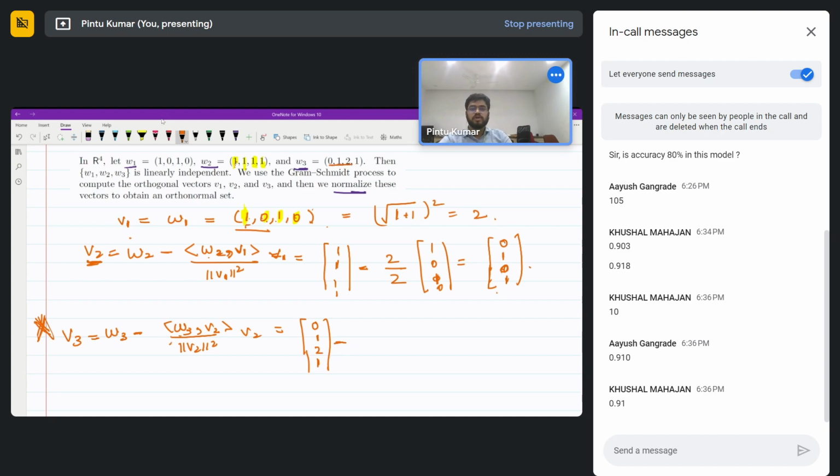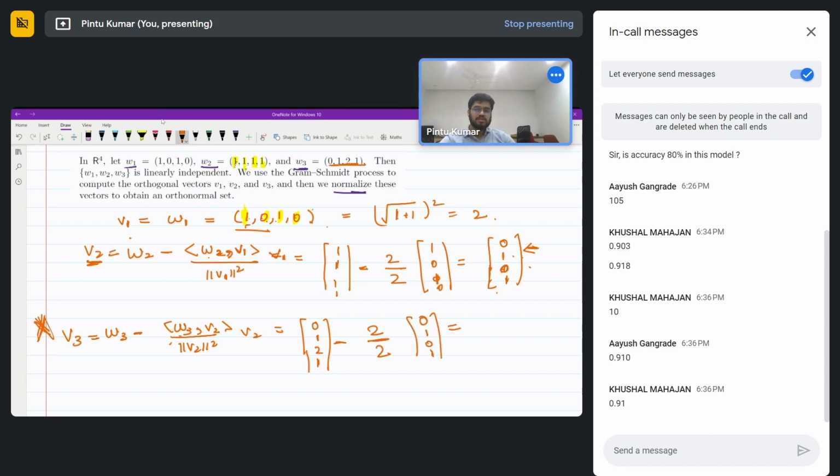This is my V3 and this is my W2, right? डॉट प्रोडक्ट लें तो फर्स्ट कंपोनेंट 0 प्लस 1 फिर 0 प्लस 1, so this is again 2. इसका नॉर्म फिर से नॉर्म स्क्वायर 2 आएगा, and this is 0 1 0 1.